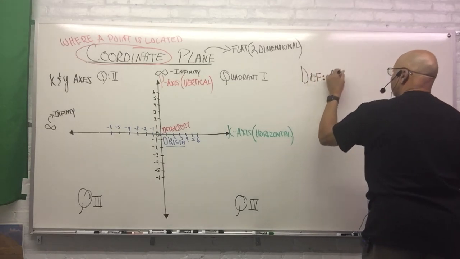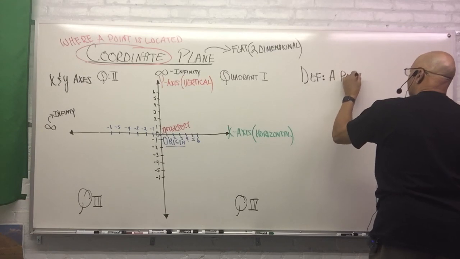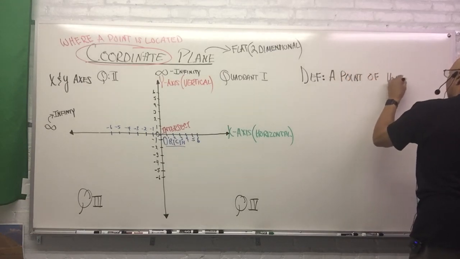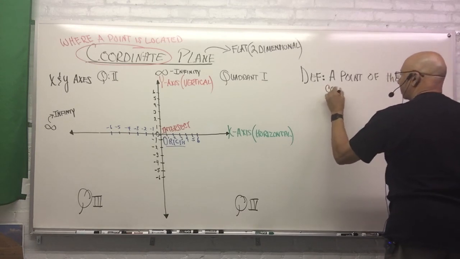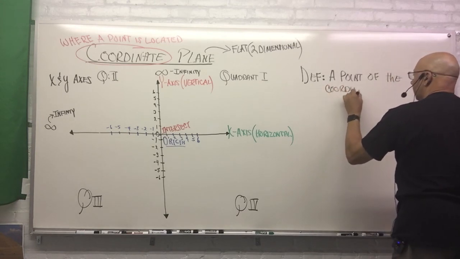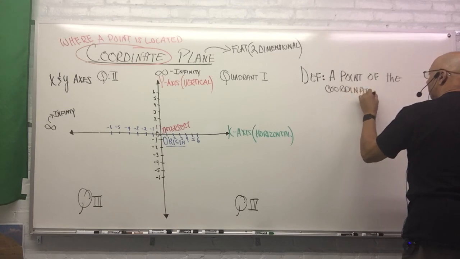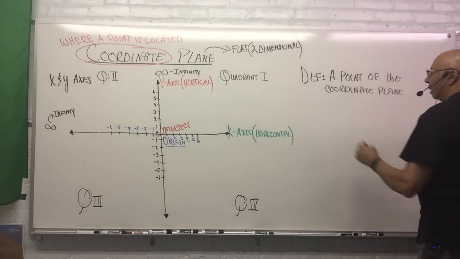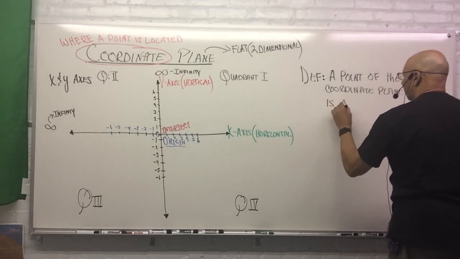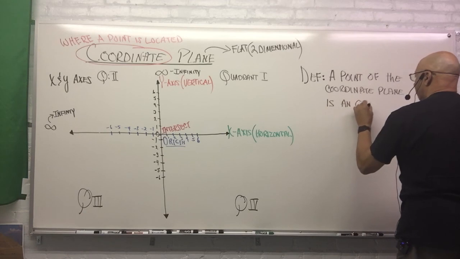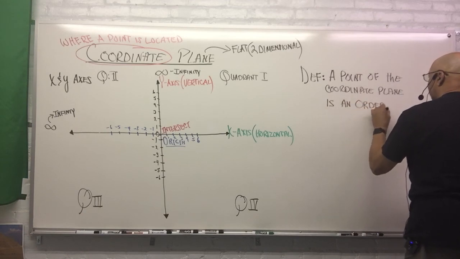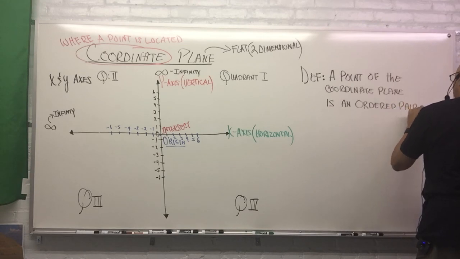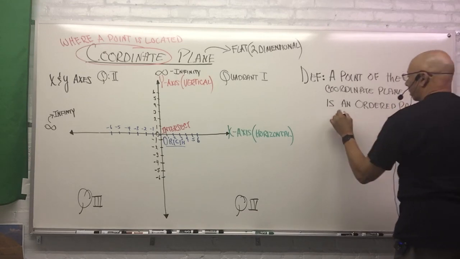A point on the coordinate plane is an ordered pair of numbers.